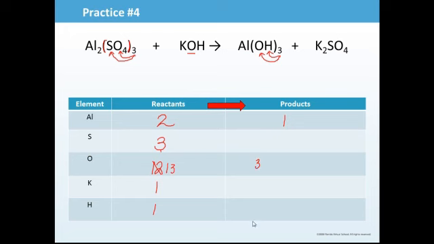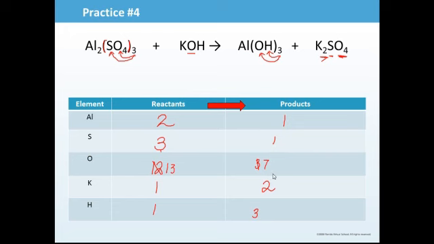We have 3 hydrogens. But we have oxygen over here, don't we? So 3 plus 4 actually equals 7. So we have a total of 7 oxygens on the right side of the arrow. We have 1 sulfur and 2 potassiums.